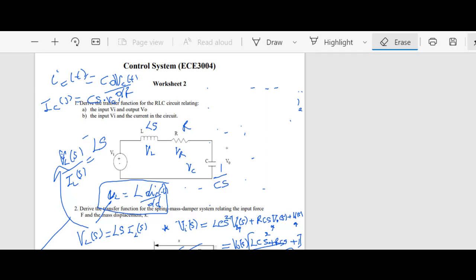But in the S domain, we want to express them in terms of a reactance: LS for the inductor, R for the resistor, and 1/CS for the capacitance. Then what do we do next? I'm going to ask the person who raised the question to come back and share what was done to derive the transfer function from there. Okay, so we already have the Laplace of each element, so recognize that the output voltage is taken across the capacitor, and all the elements are in series, so we can apply voltage division.